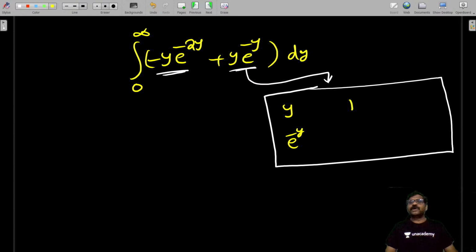Differentiation of y is 1. Differentiation of 1 is 0. Integral e power minus y is e power minus y by minus 1. Integral e power minus y by minus 1 is e power minus y by 1. First term plus, next minus, next plus. Multiply diagonally.